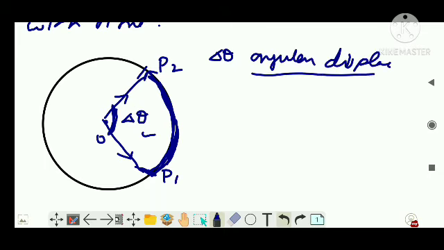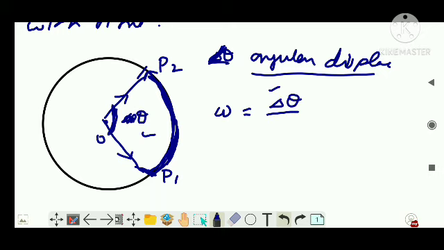The angle which is swept by a body undergoing circular motion from one position to another position is known as angular displacement. Okay, clear?